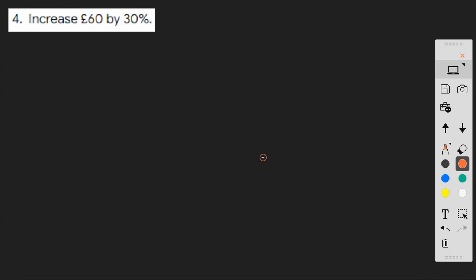Okay, now we've got a collection of ways of doing this percentage increase question. And I'm going to have a method 1 over here, which is that we're going to see if we can work out that 10% of 60 is £6.